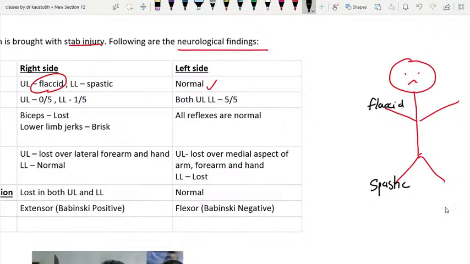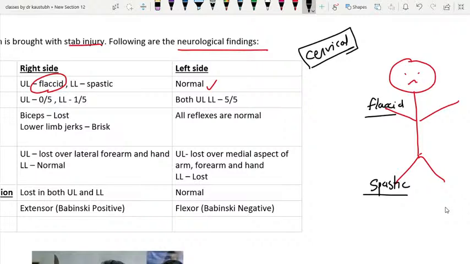For the right upper limb, it is lower motor neuron. For the right lower limb, it is upper motor neuron. When would this happen, flaccid in the upper limb and spastic in the lower limb? If there is cervical involvement, a cervical injury.